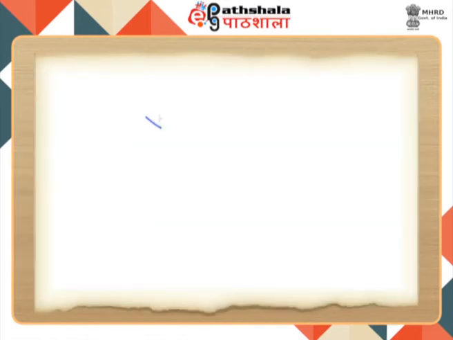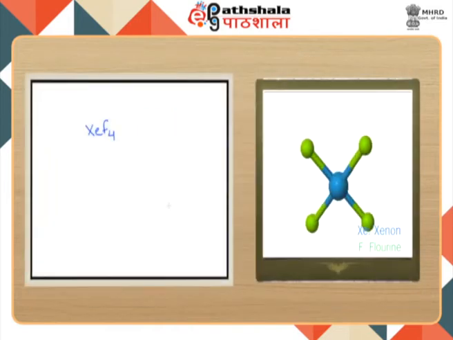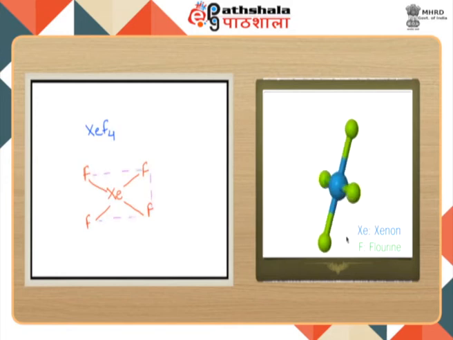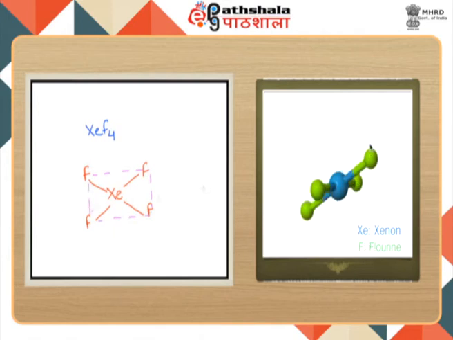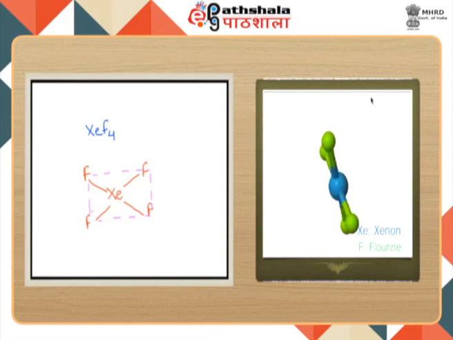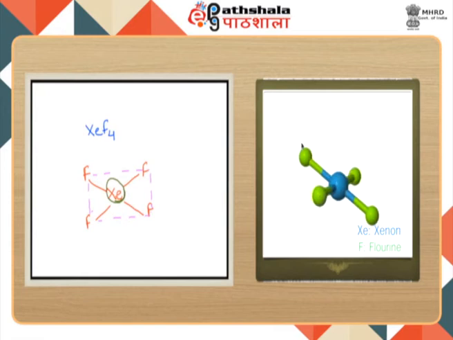Considering the next case, which is XeF4. Now, if we look at the structure of XeF4, XeF4 is a square planar molecule, and you know that all these fluorines and the xenon are in the same plane. Now, here also the center of symmetry is present, and that center of symmetry is this xenon atom.